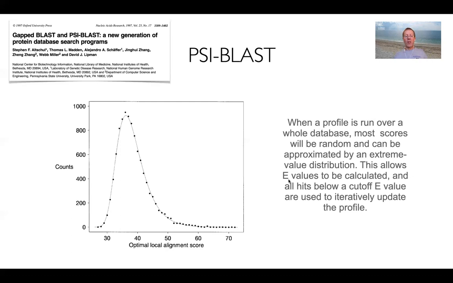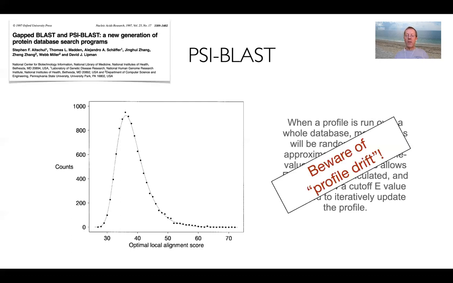And in that way, you can carefully avoid including spurious hits in your next iteration, and thereby polluting the profile. So I think it says in the book, beware of profile drift, which is just this thing. You have to be a little bit careful not to start including sequences that are actually not homologs, and polluting your profile.